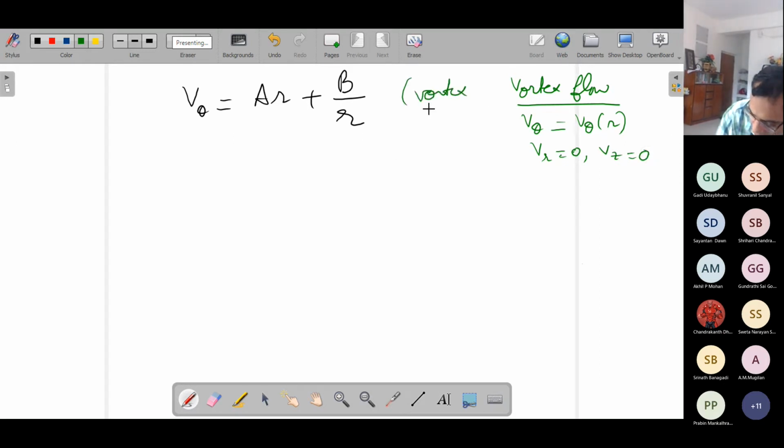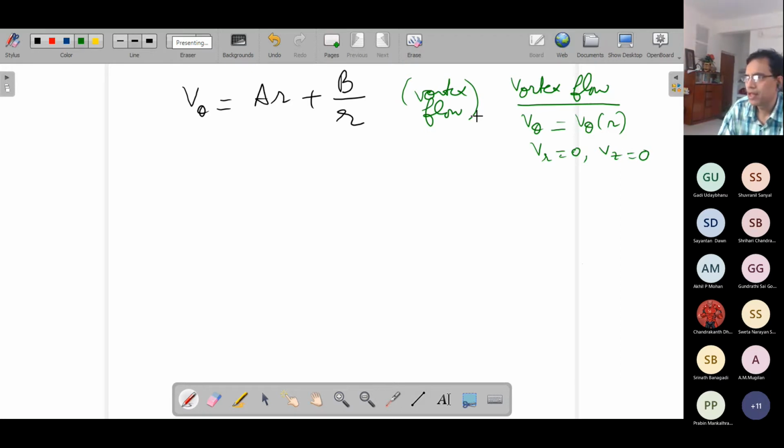And here the physics of the vortex flow is because of rotation, inducing rotationality or vortex in the flow by rotating the cylinders. So in that way, vortex is related to rotation, and here rotation is created in the flow.